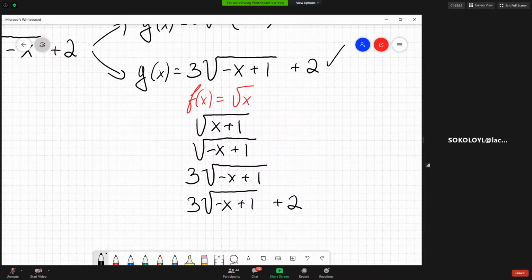So let's see. First step is going to be the plus 1. This is 1 unit to the left. Then replace x with negative x. That is a reflection. And which reflection would that be? Would that be reflection about the x-axis or the reflection about the y-axis?